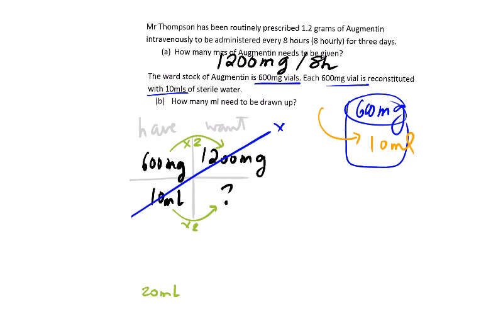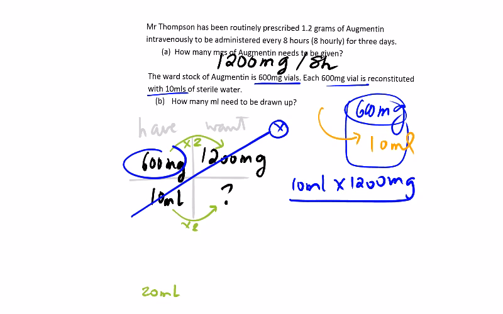So multiply the main diagonal, 10 mils multiplied by 1200 milligrams, and divided by the third number, 600 milligrams. So the milligrams cancel out. Final answer will come out in mils. Well, here we could do some mental calc as well, just saying 1200 divided by 600 is 2. 2 times 10 is 20.